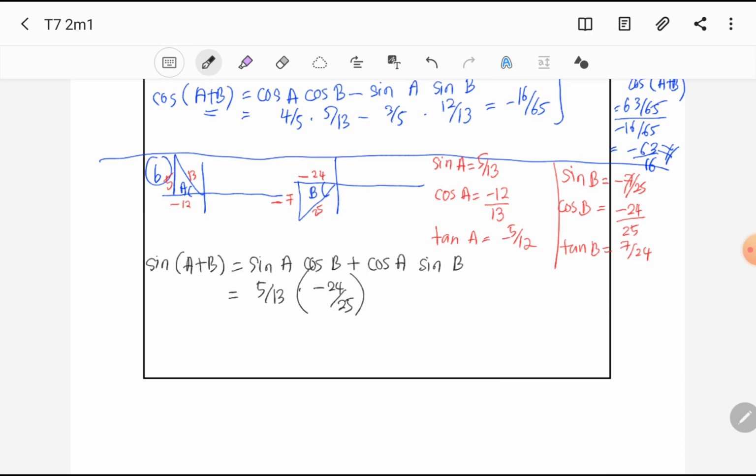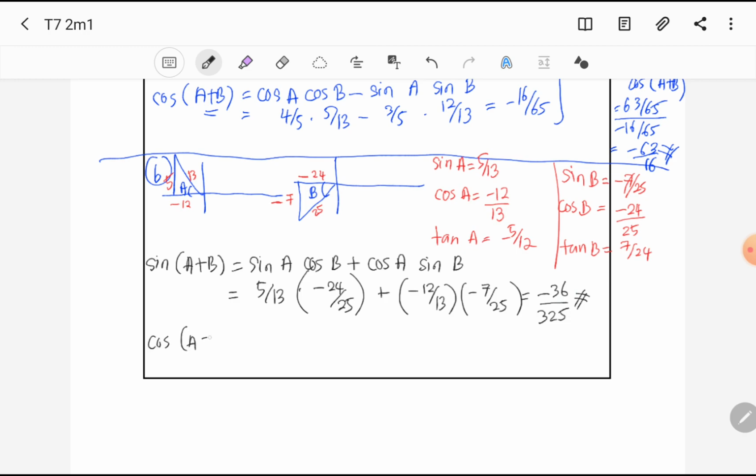Darab ni tau. Plus cos A negative 12/13 times sin B negative 7/25. Awak kira, awak akan dapat negative 36/325. Okay, next.